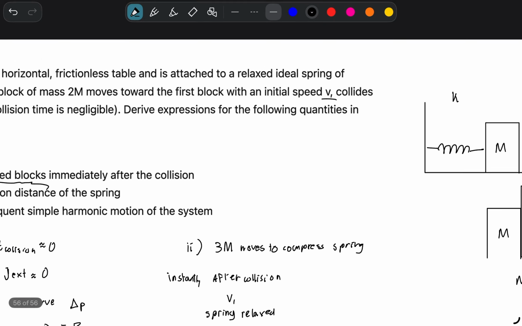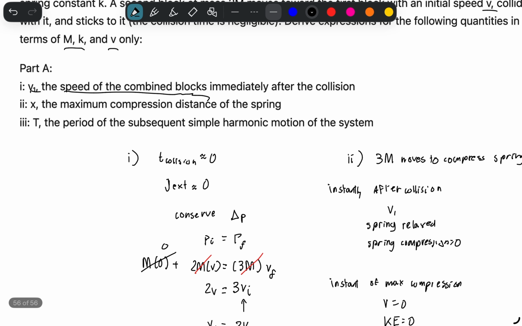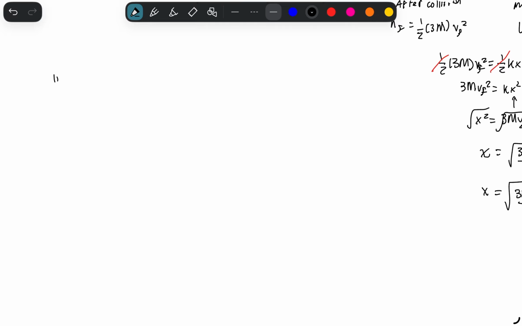Now we can continue to part 3. Find T, the period of the subsequent simple harmonic motion of the system. So we know that after the collision, we have one mass moving. So we'll call the mass that is going to be oscillating 3m.